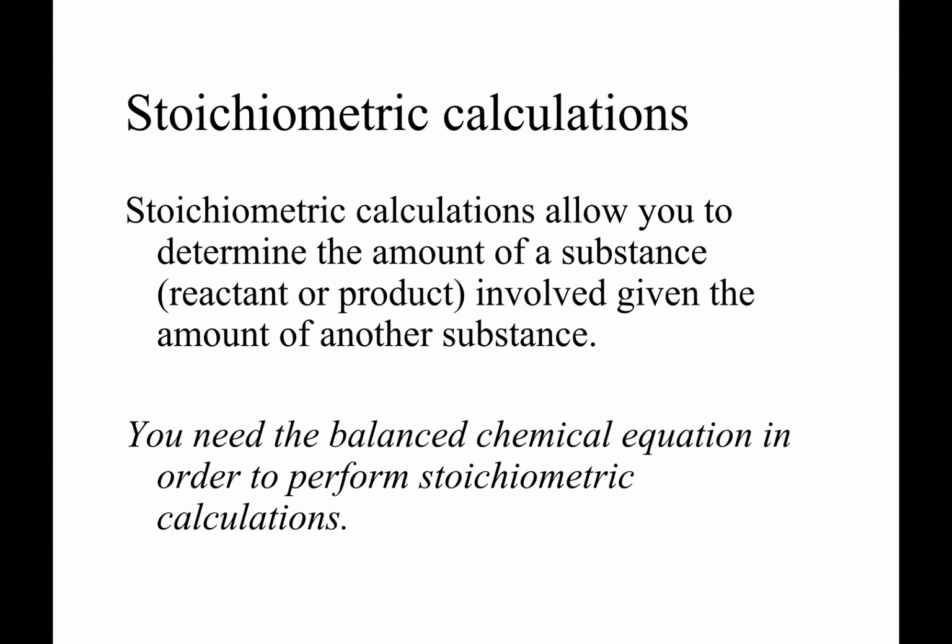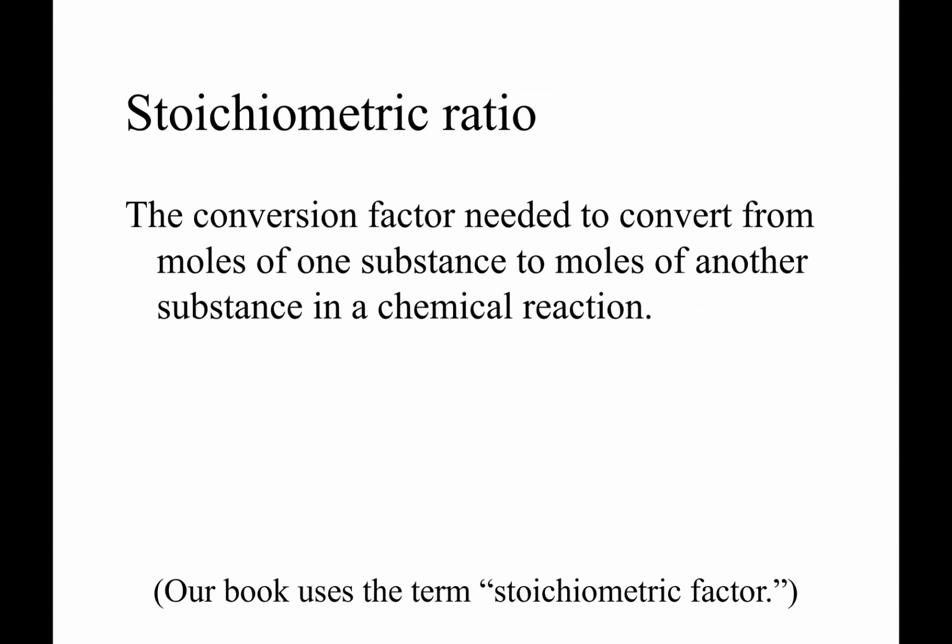I liken a balanced equation to a recipe, where these over here are our reactants, the ingredients, and these over here are products, the thing that we make. So we're already kind of used to this idea of relative amounts.